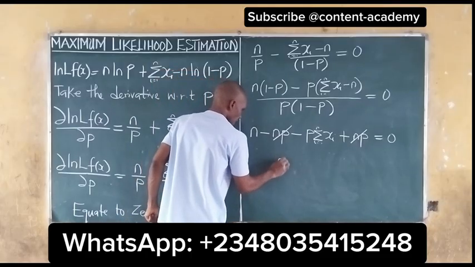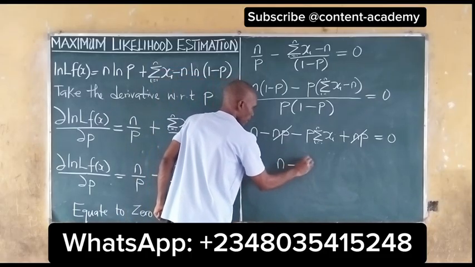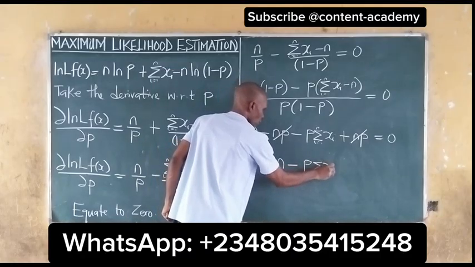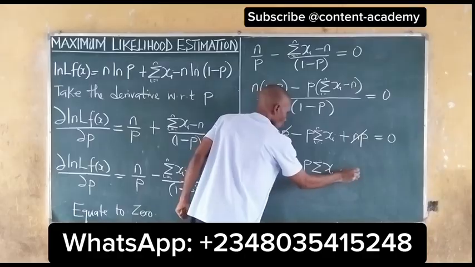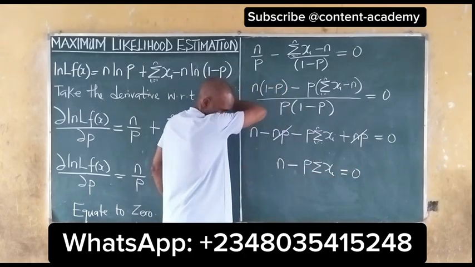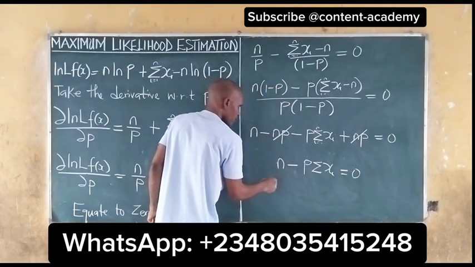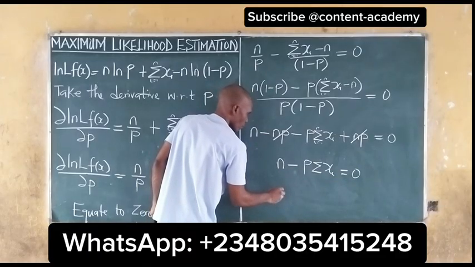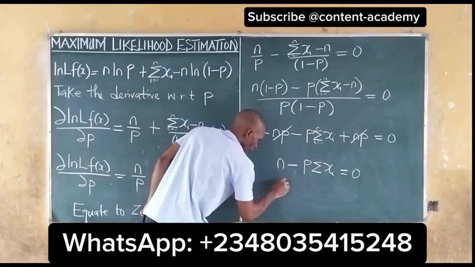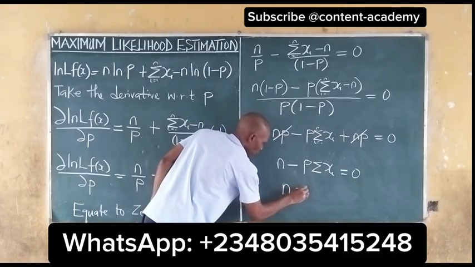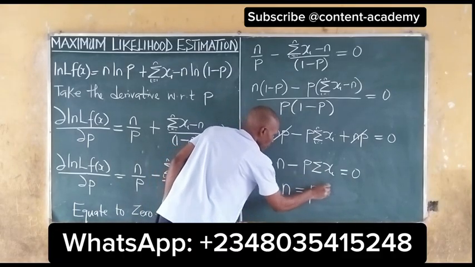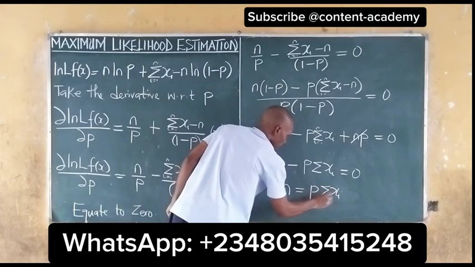So we are left with n minus p summation of xi to be equal to 0. Of course, we can write this as n to be equal to p summation of xi.